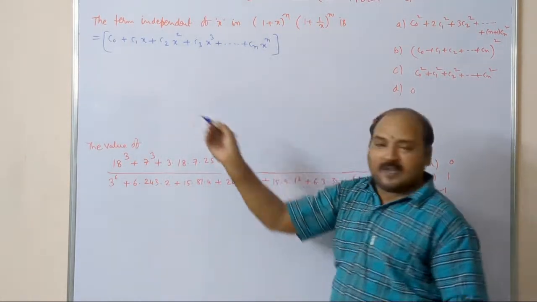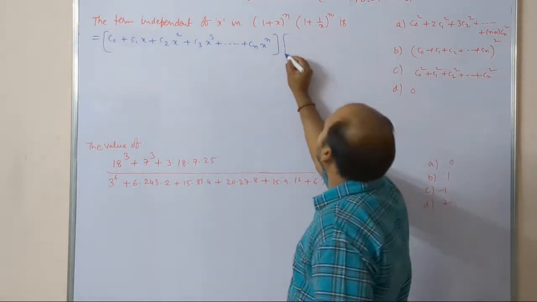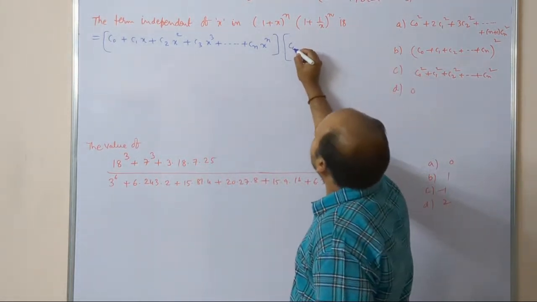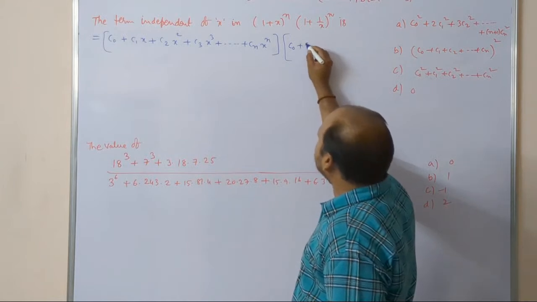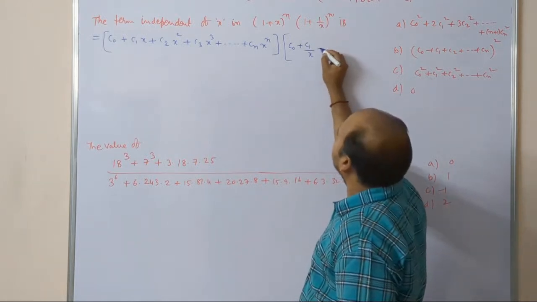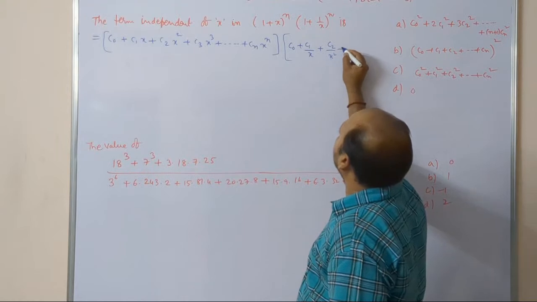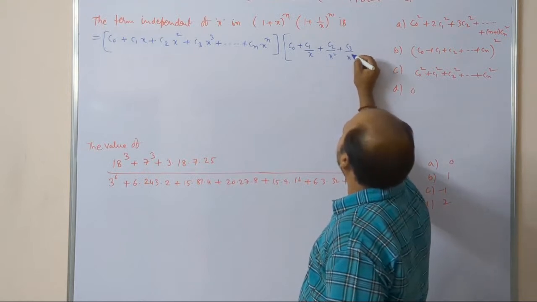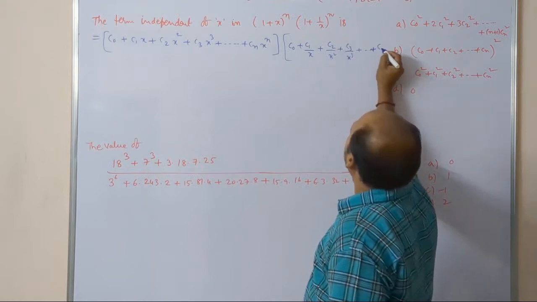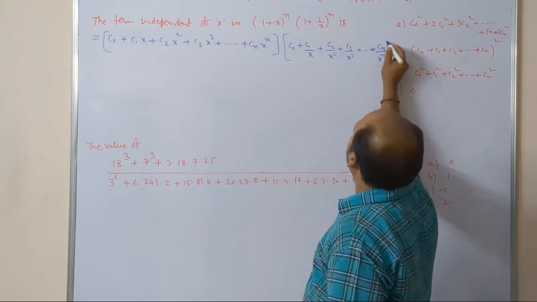So the first term expansion is completed. Second term expansion: c0 + c1 into 1 by x, c2 by x², c3 by x³ plus and so on, cn by x power n.